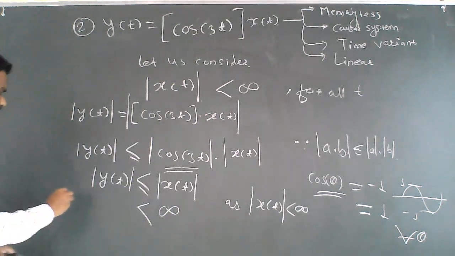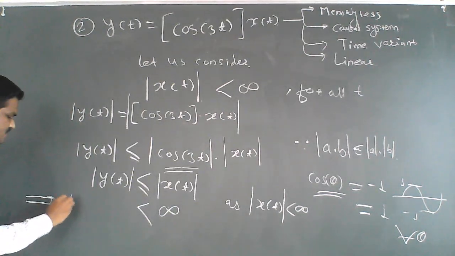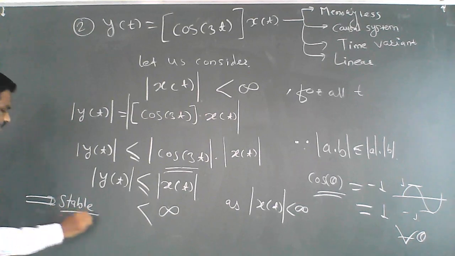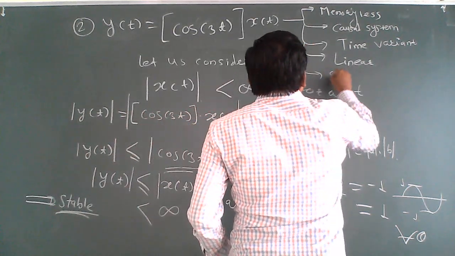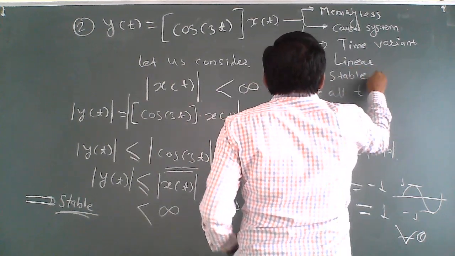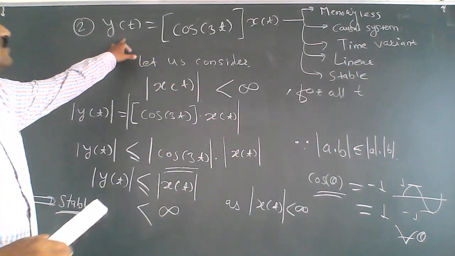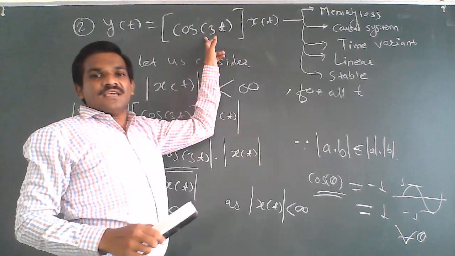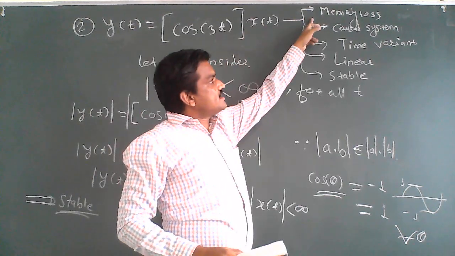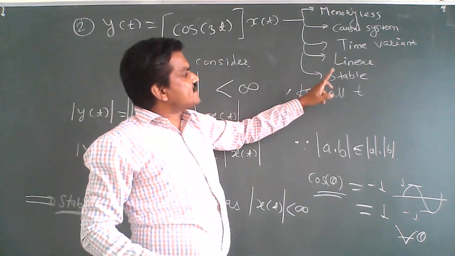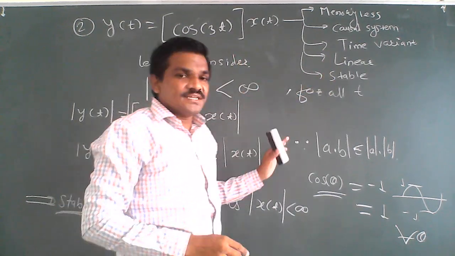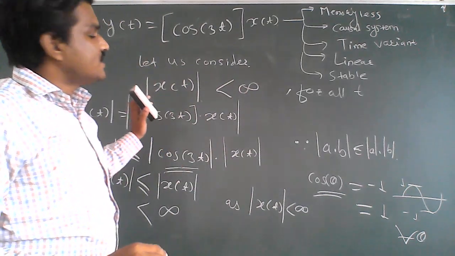So this implies that the system is stable. So y of t equals cos of 3t is a memoryless system, a causal system, a time variant system, a linear system, and a stable system. Okay, got this?